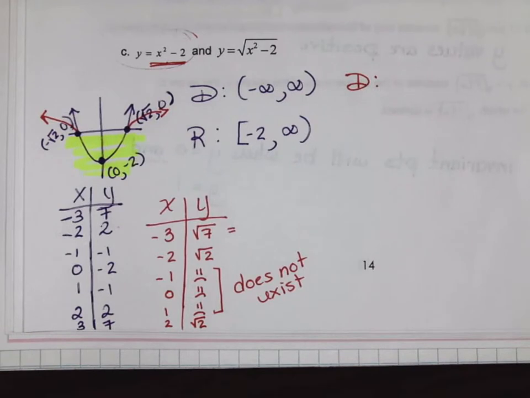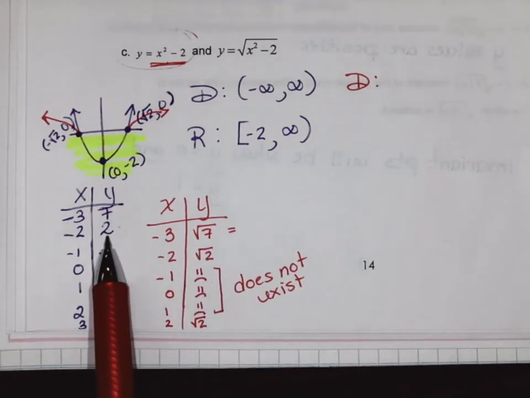Okay. So at negative 2, we're going to be at root 2, which is shorter. We all agreed that that's less of a value than 2, right? We know that root 2 has to be less than 2. Right? We all agreed to that?